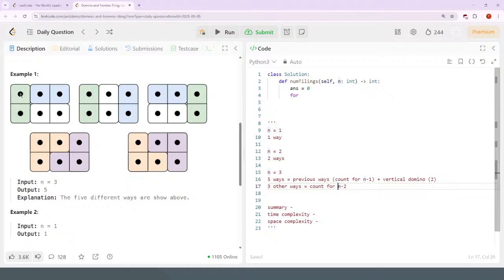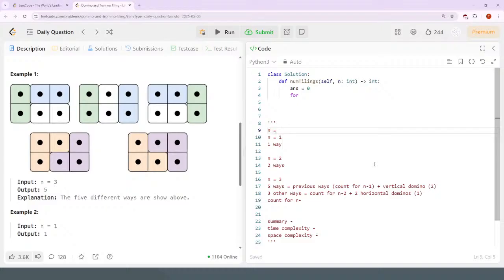Because if you have the count for n minus 2, you can add 2 verticals or 2 horizontals. So that gives another way.